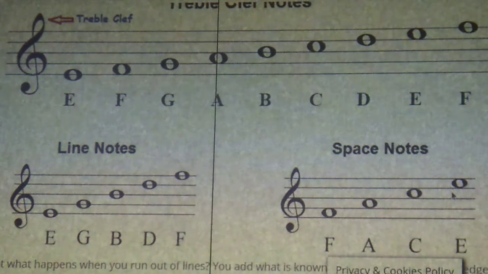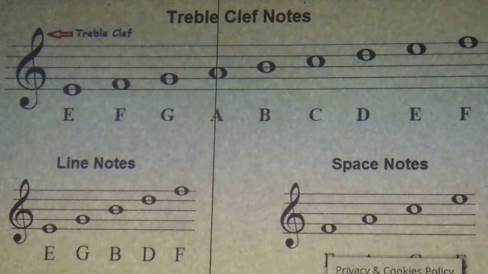So if you can learn how to do this, you won't need me to help you with notes anymore. You can learn how to teach yourself, and that's our goal. I hope this helps. It is a very brief explanation on how to read notes and identify notes on treble clef.